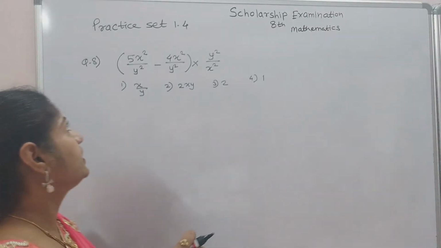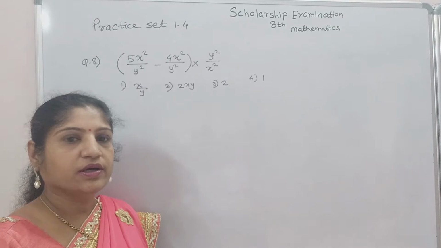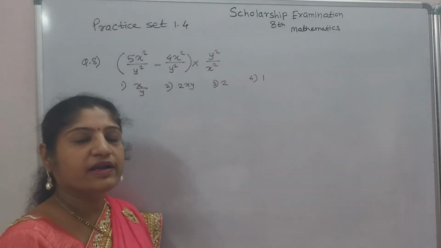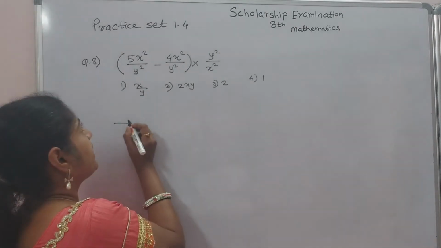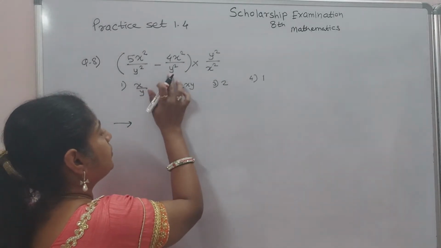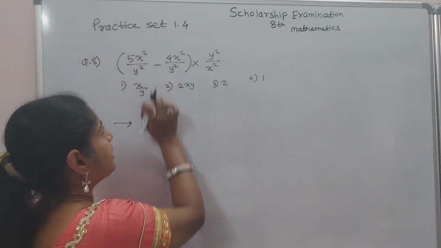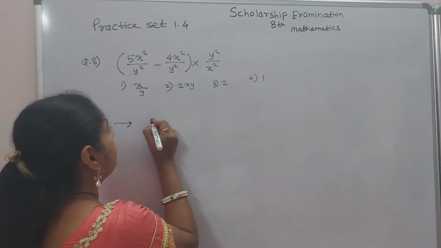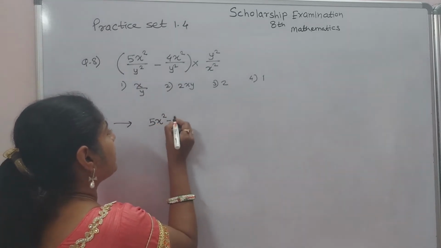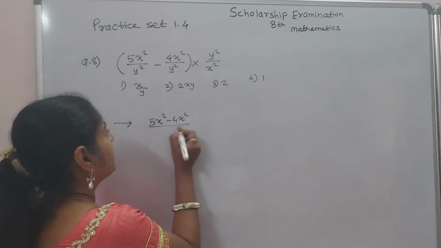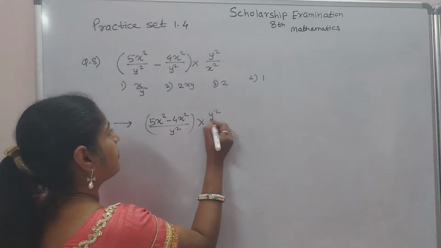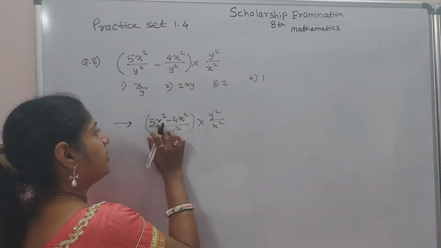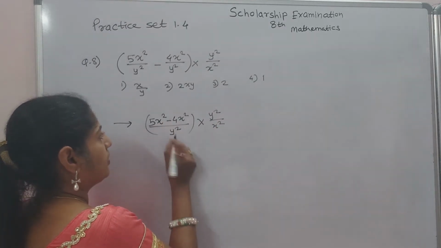Now next example is 5x square upon y square minus 4x square upon y square. First of all, we solve this bracket. The denominator is equal and there is subtraction. So subtract the numerators, 5x square minus 4x square divided by y square, into y square upon x square. 5 minus 4, 1.